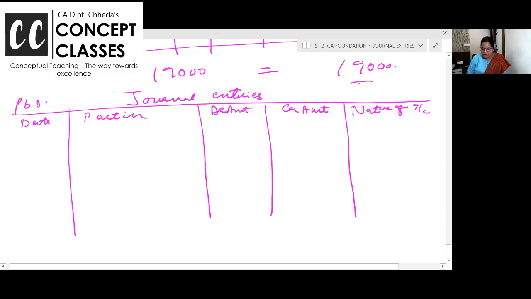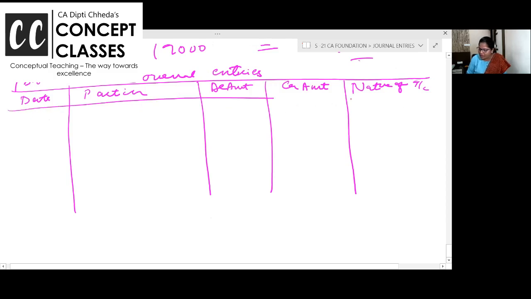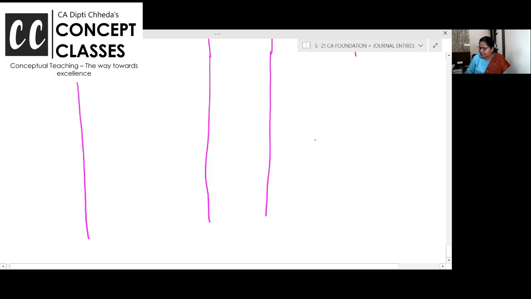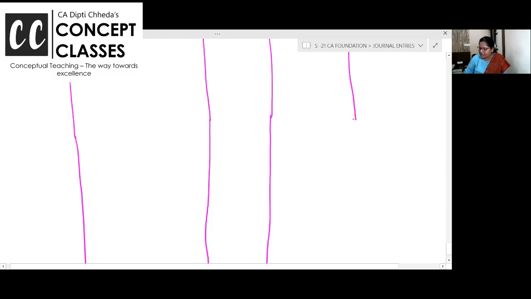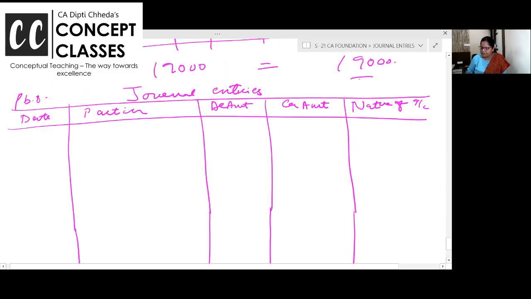They have asked what kind of nature of account it is. One minute. You also continue on one full page. I am also doing so, so that we need not stop the class in between.